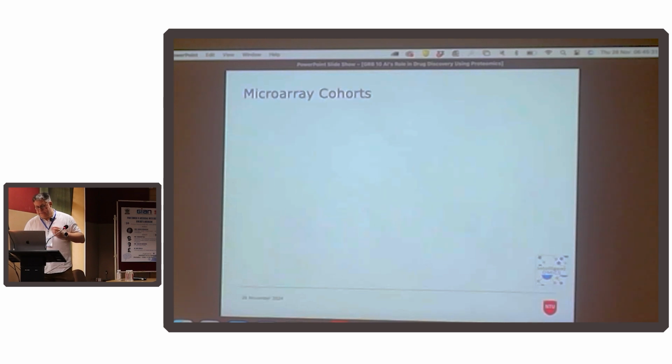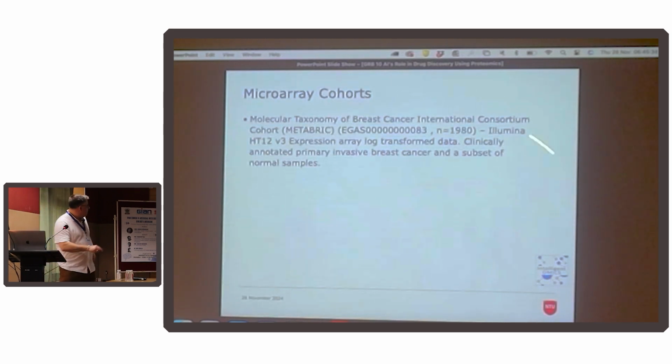So what we did here is we used this METABRIC data that I mentioned before, and we looked at a clinically annotated primary invasive breast cancer set, specifically focusing on the triple negative.